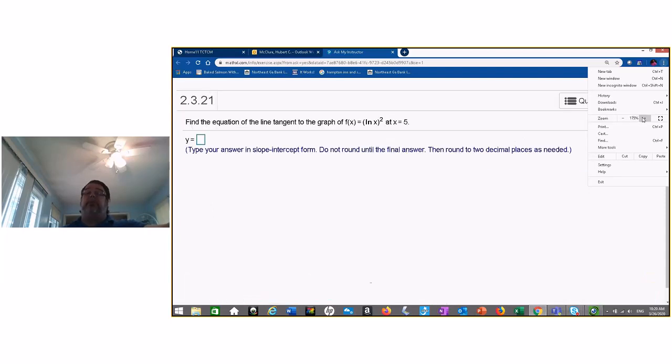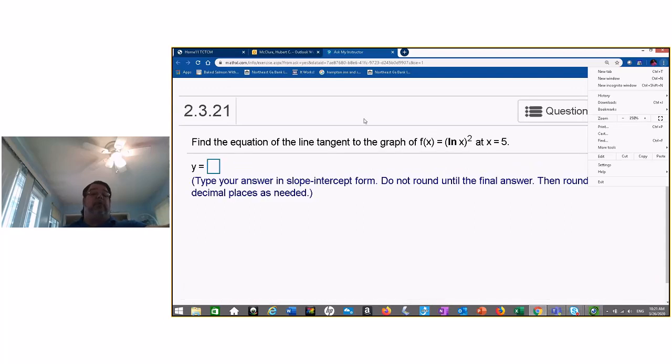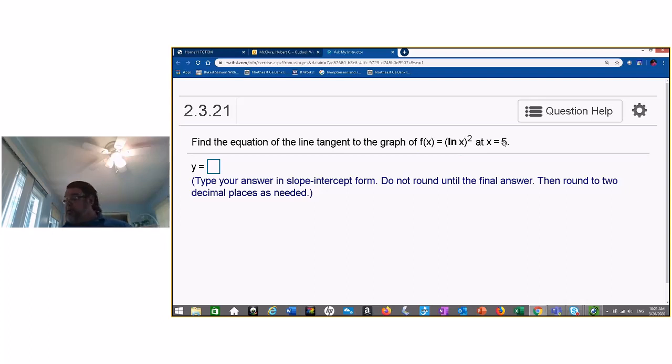I'm trying to make it get bigger. Okay, find the equation of the line tangent to the graph of f of x is equal to the natural log of x, quantity squared, at x is equal to 5. So I'm going to write it down while you're writing it down.